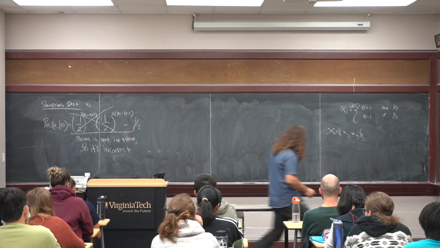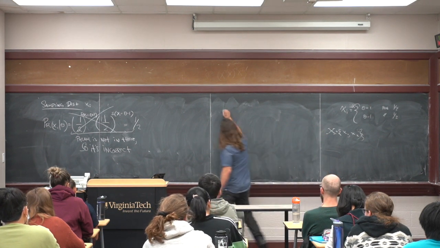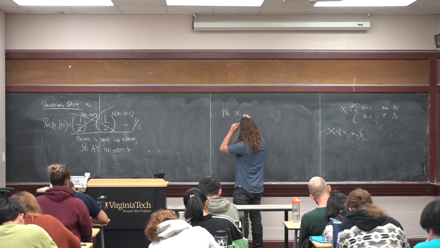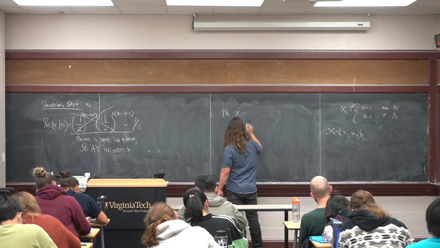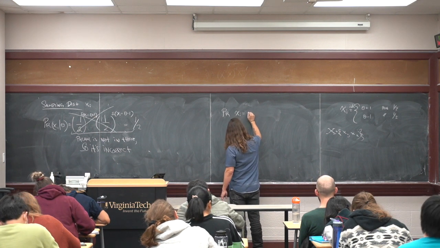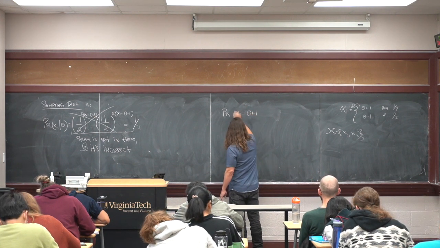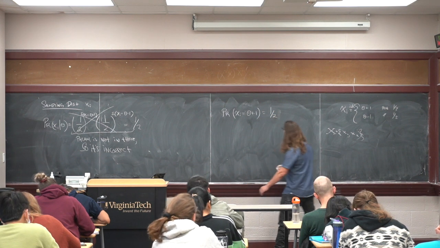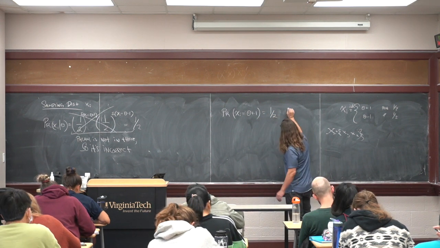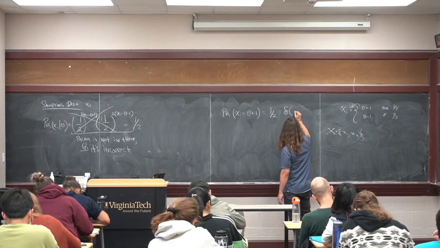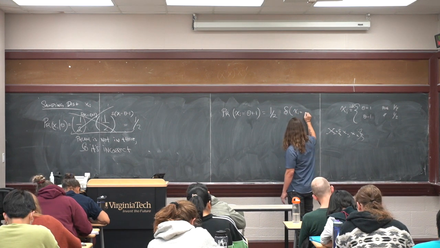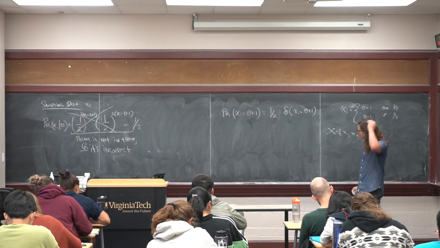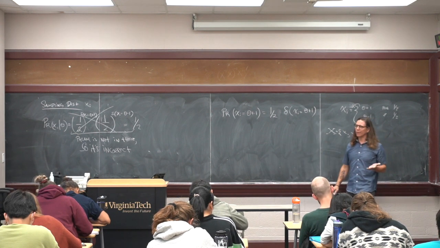So let's just do it. So probability of xi is equal to theta plus 1 is equal to 1/2 times delta function xi is equal to theta plus 1. So what are the other things?